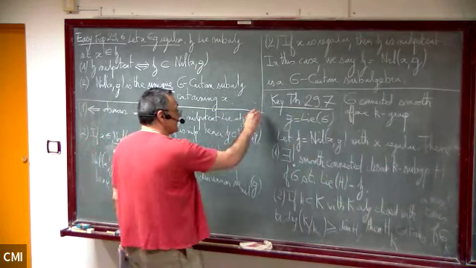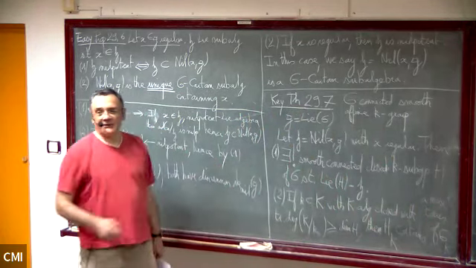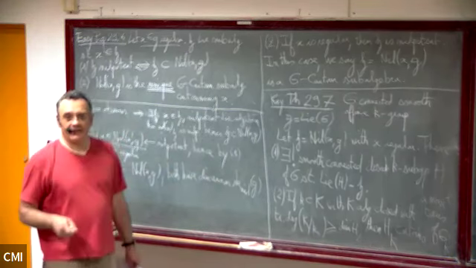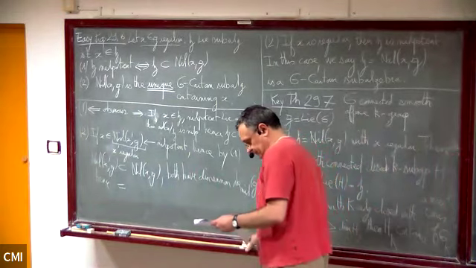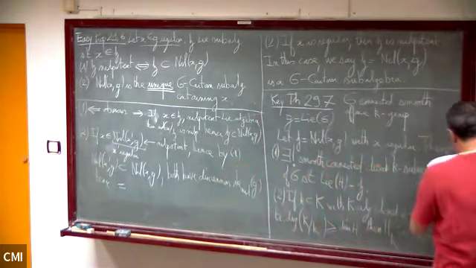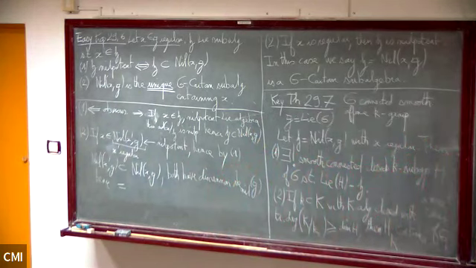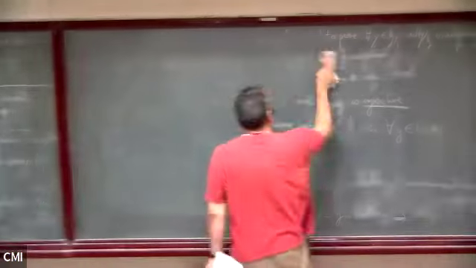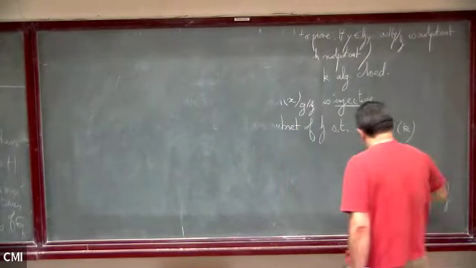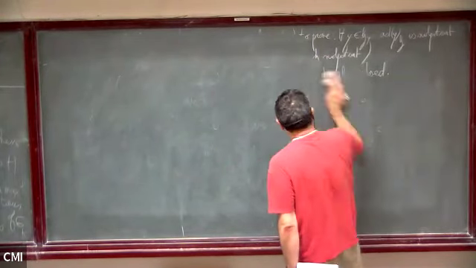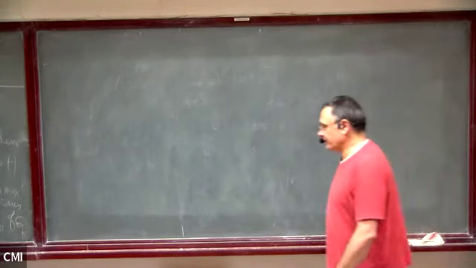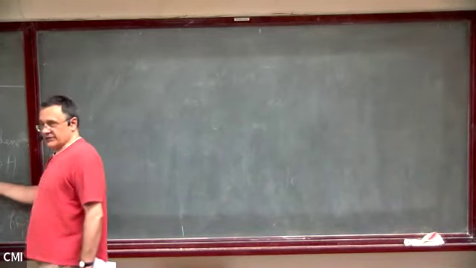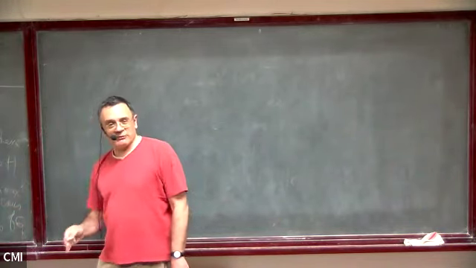Okay, so let's assume this for the moment. And using this, let us prove that G contains a maximal torus. So this is a key technical point, and we will prove it afterwards.